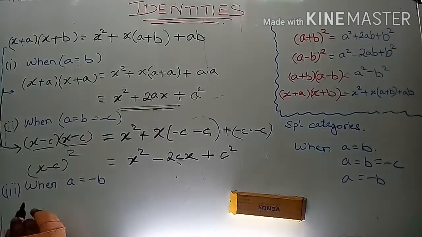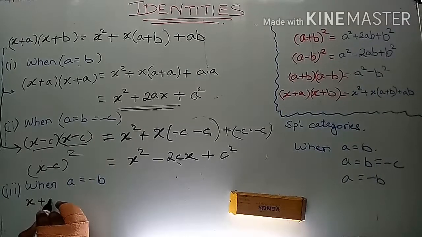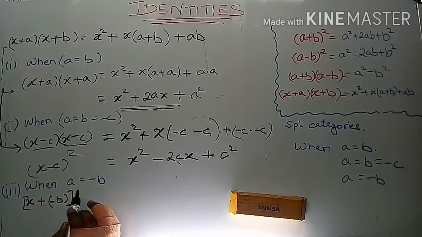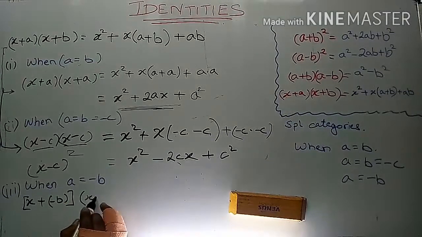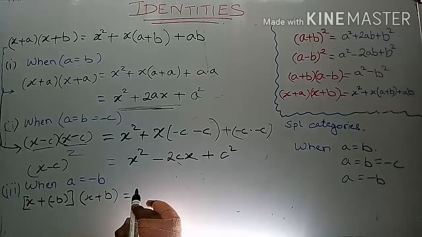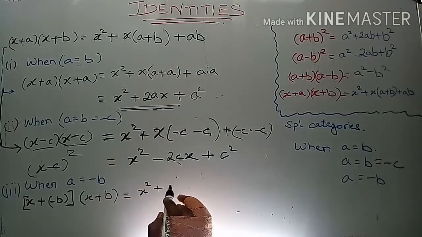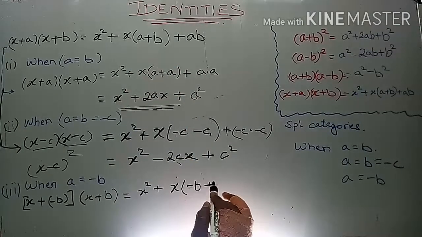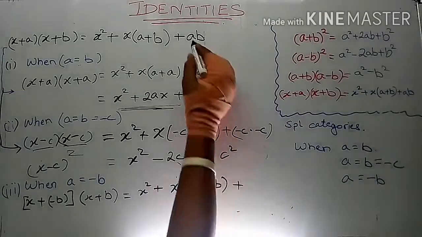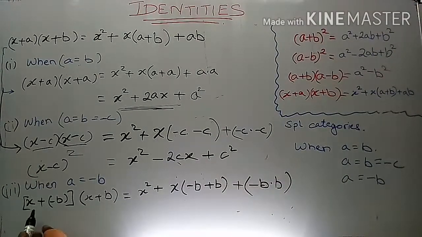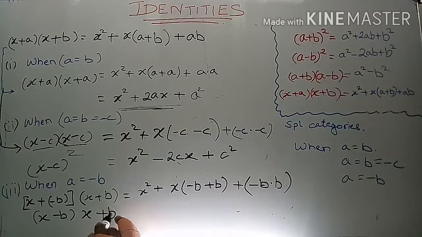My left hand side will become x plus, instead of a I'll be writing minus b, multiplied by x plus b, which is equal to x square plus x into a is minus b plus b, plus a is minus b into plus b. So over here it gives me x minus b into x plus b.